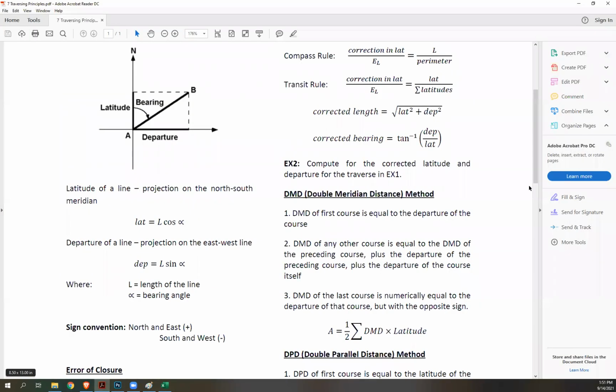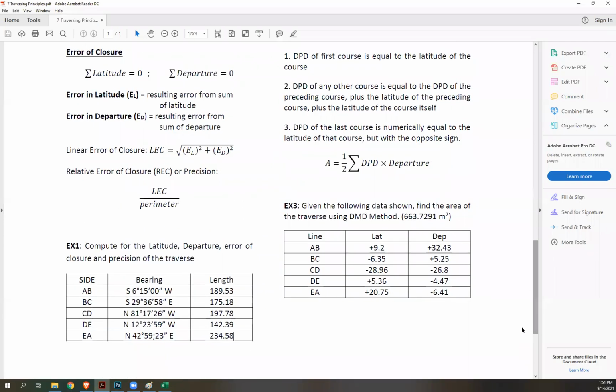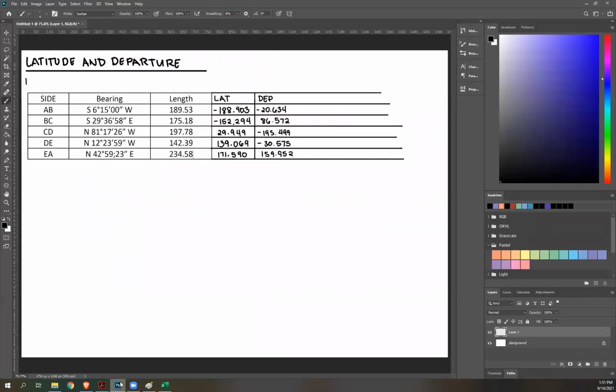Now next, follow-up questions. Error of closure. To do that, we have to get first your EL and ED. EL is the resulting summation of your latitude and departure because it's supposed to be 0. So anything other than 0 is an error.